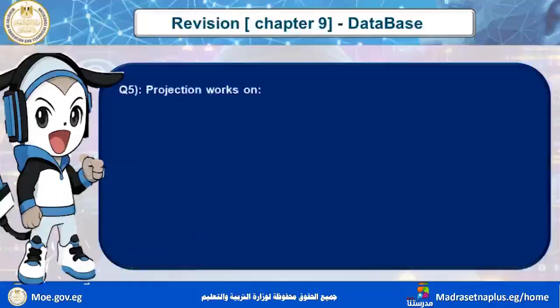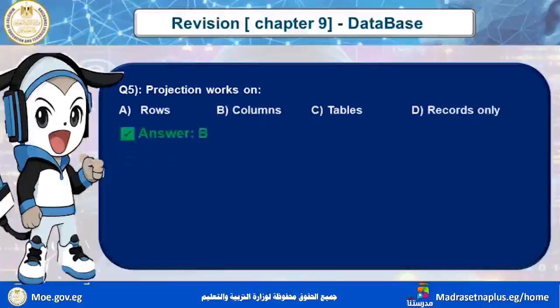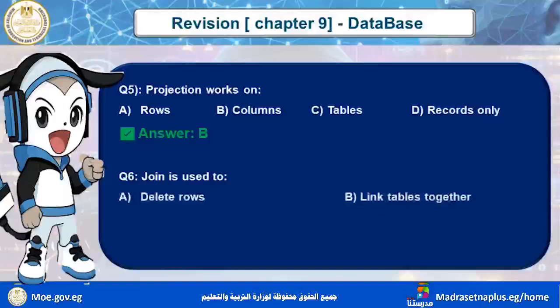Projection works on rows, columns, tables, or records only? Yes, projection works on columns. Selection works on rows and projection works on columns. Question 6. Join is used to delete rows, link tables together, hide columns, or add numbers? Yes, join is used to link tables together.